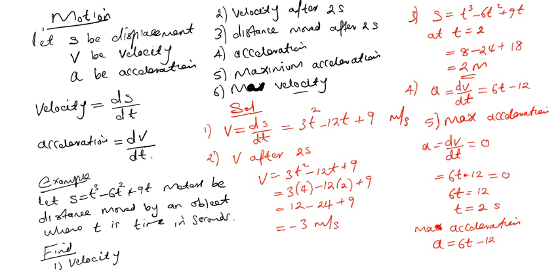So we want to put t equals 2. So this is going to be 6 times 2 minus 12, and this one is equals to 0. So the answer is 0 meters per second square. Okay. This is according to the computation. The rationale of that, we keep that for another day.